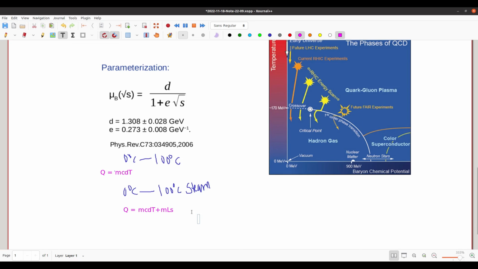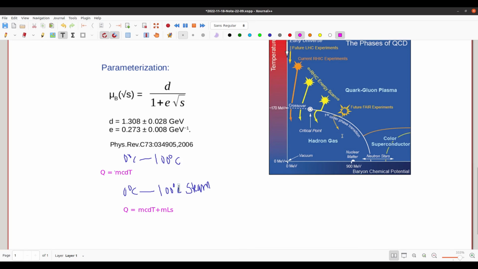If we do the theoretical calculation by assuming a crossover, it will be a wrong calculation. We are able to use this formula because we know it is a first order phase transition, and it will match if we do the experiment also for this particular case.